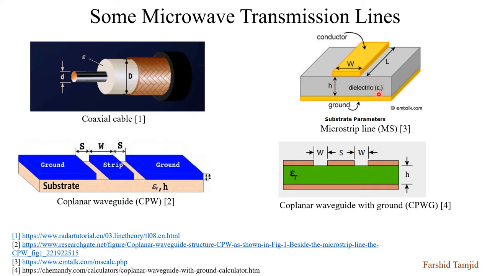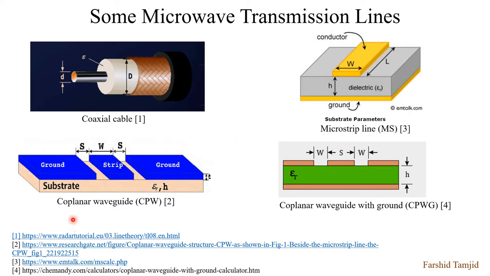And the dielectric has epsilon r. So you need to know the width and the length of the line, the height of the dielectric, and epsilon r of the dielectric, so you can calculate the impedance and the phase difference that this line is generating.